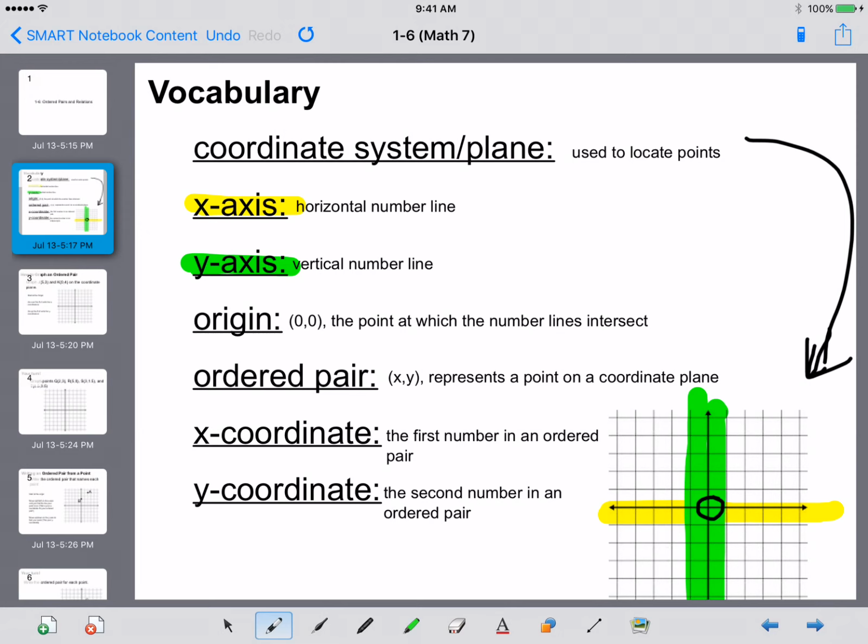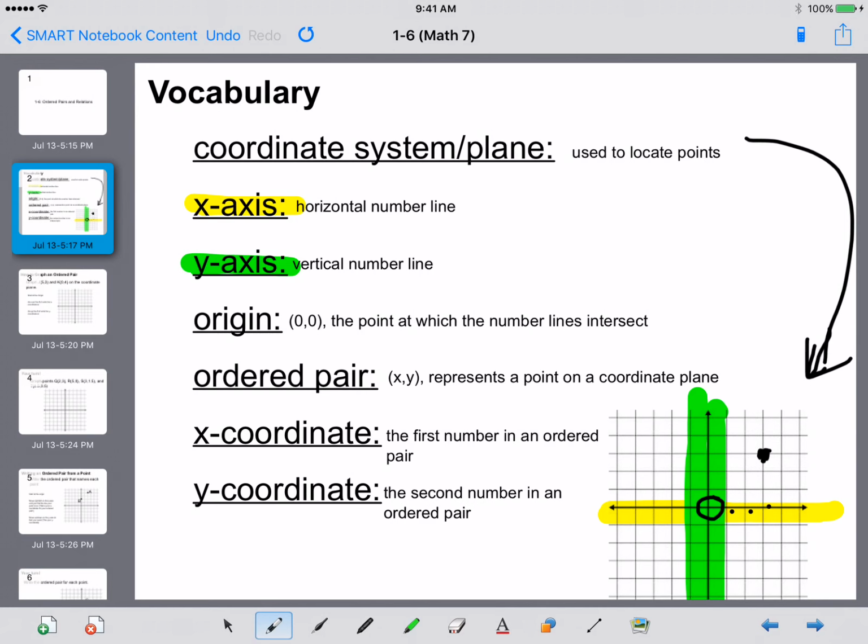An ordered pair is written as x, comma, y, and it represents a point on the coordinate plane. So if I were to put a point right here, my x-coordinate would be 1, 2, 3, because I'm starting at the origin and going over until I find my coordinate.